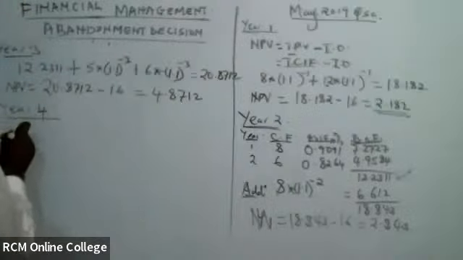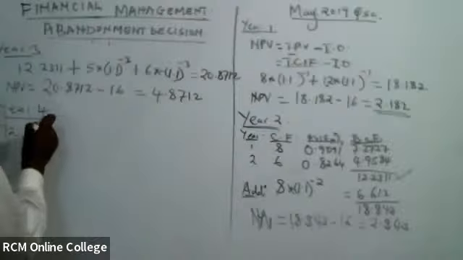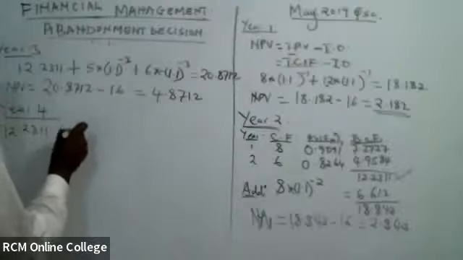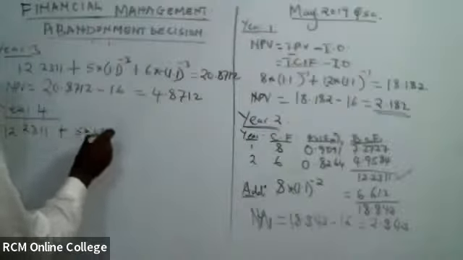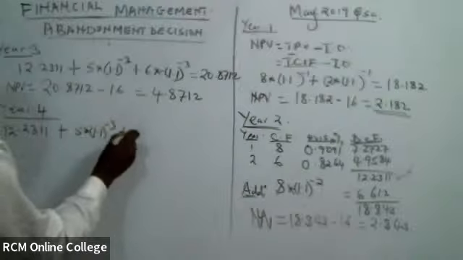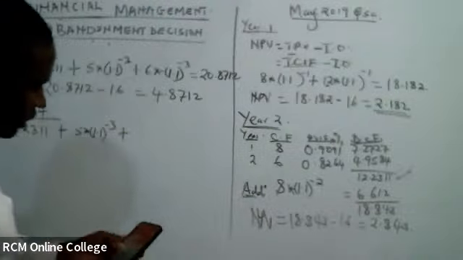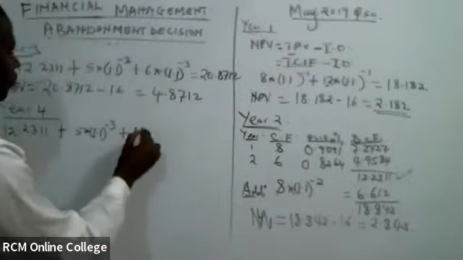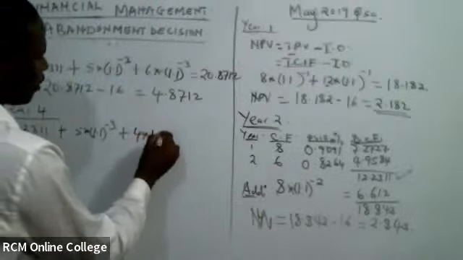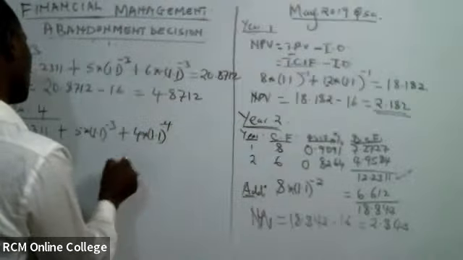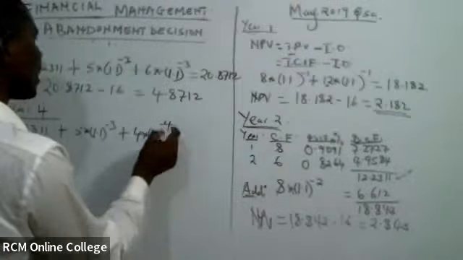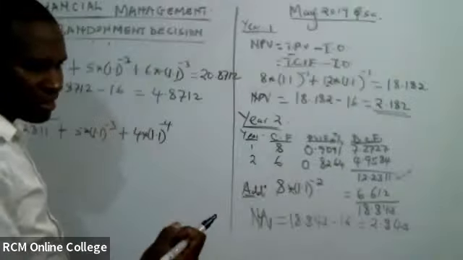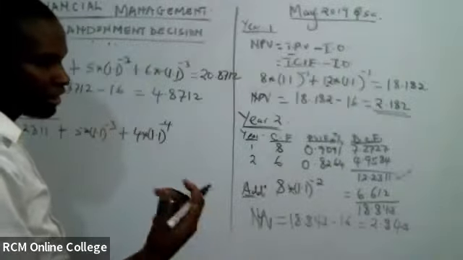So it is 12.2311 plus 5 times 1.1 raised to -3 plus what year 4 is giving. The cash flow for year 4 is 4, so 4 times 1.1 raised to -4. And then I don't have the abandonment value in year 4.